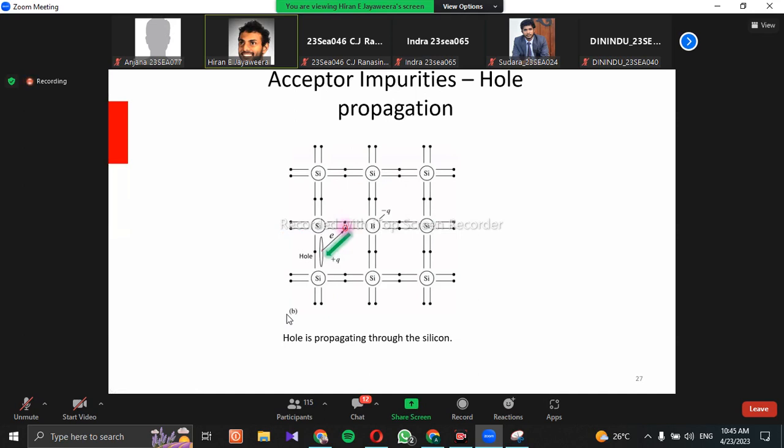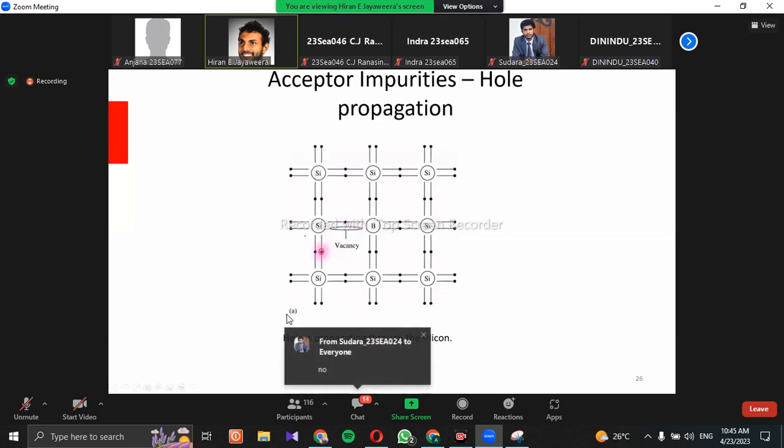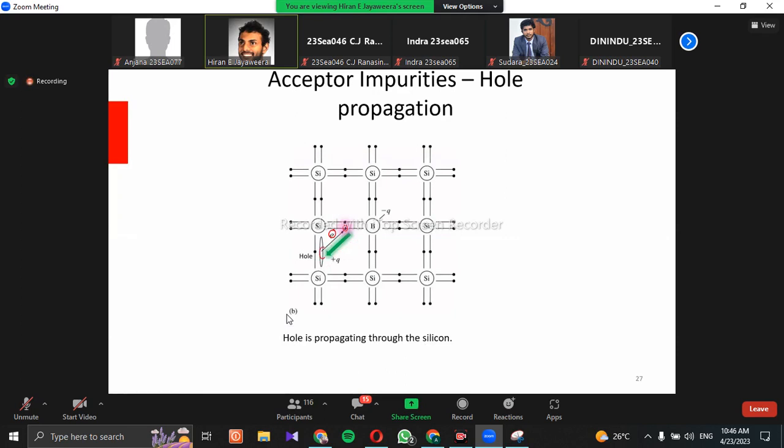Now, although the electron is jumping, is this a free electron? Yes or no? It's not a free electron, right? This one belongs to a bond, but since there is a vacancy, this electron is interested in that vacancy and tries to jump there. If this one jumps here, a hole is created here.